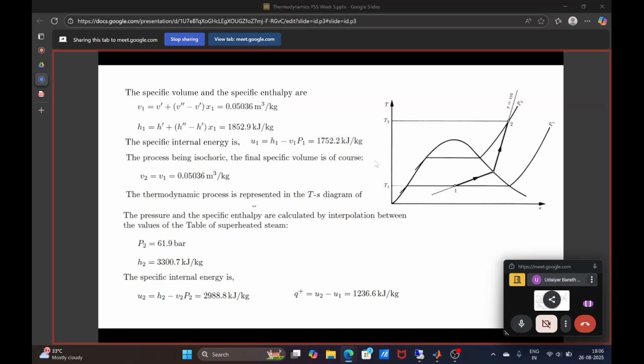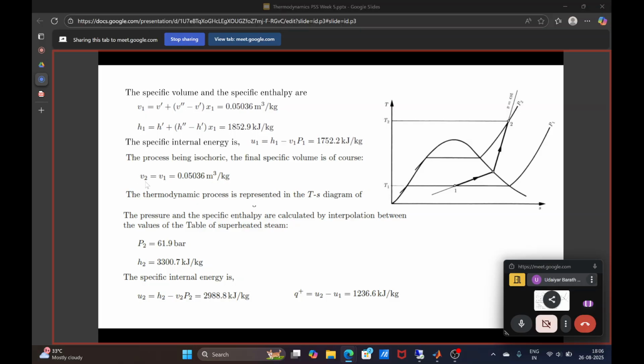Now what we know is that during the process of heating, my volume is constant. So whatever my final volume is, it will be equal to the initial volume. Since mass is not leaving the system, the mass is constant and the volume is constant, which says that the specific volume is constant.